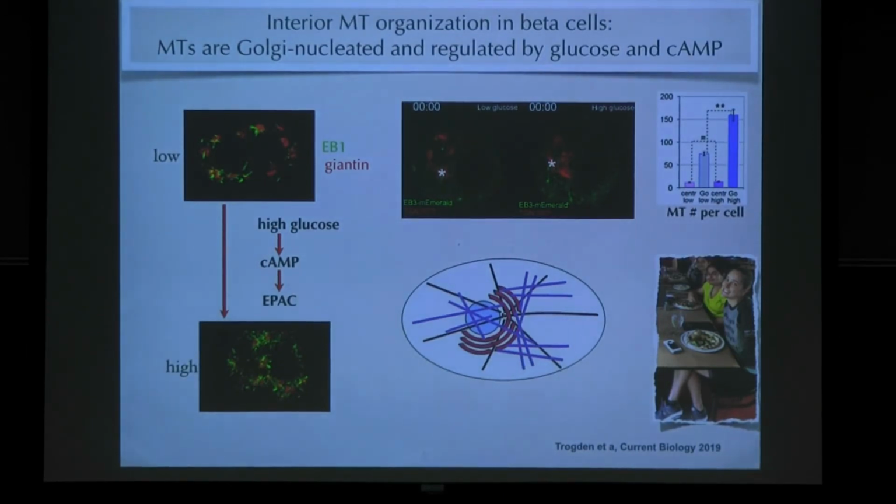So Catherine Trogdon in the lab has analyzed this. She has found that these microtubules are regulated by glucose. So whenever the cell receives a high glucose signal, the amount of microtubule nucleation at the Golgi significantly increases. And she also has figured out the signaling pathway, which leads from glucose to microtubule nucleation and works through cyclic AMP and its effector EPAC2.